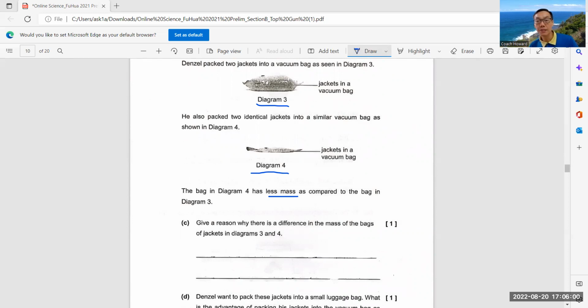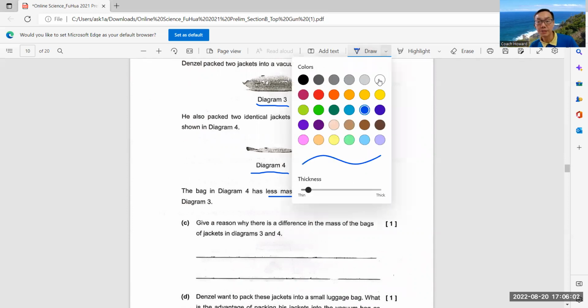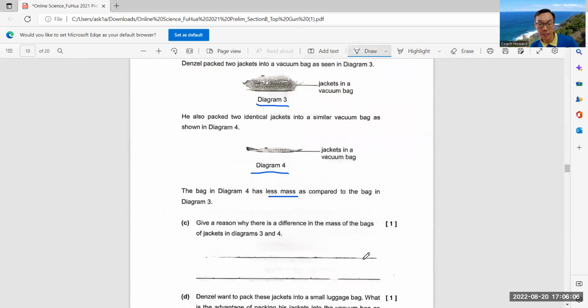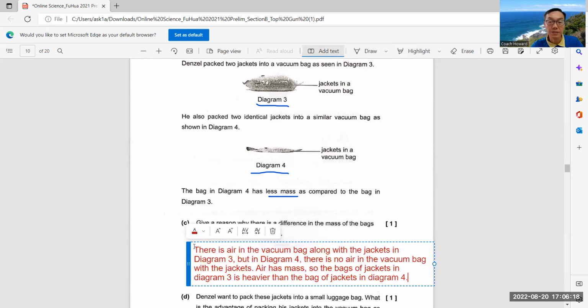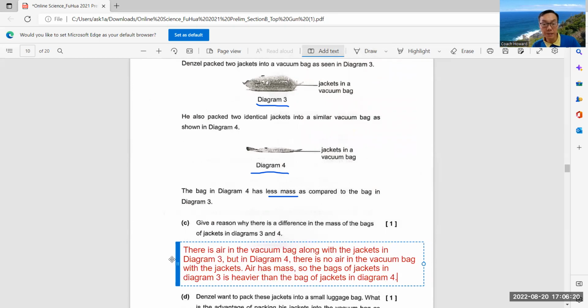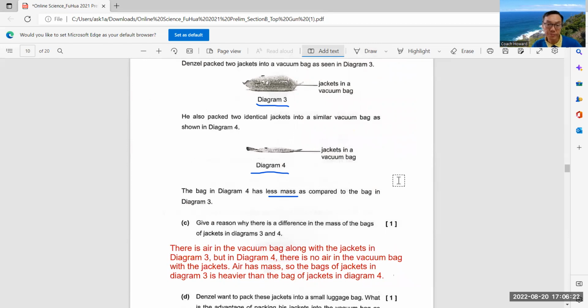So this one, you think of this type of question. Later I would also like to explain why some students didn't answer this question correctly. Because they didn't differentiate, they said in one of the bags, so which one? You must be very clear by giving such an answer.